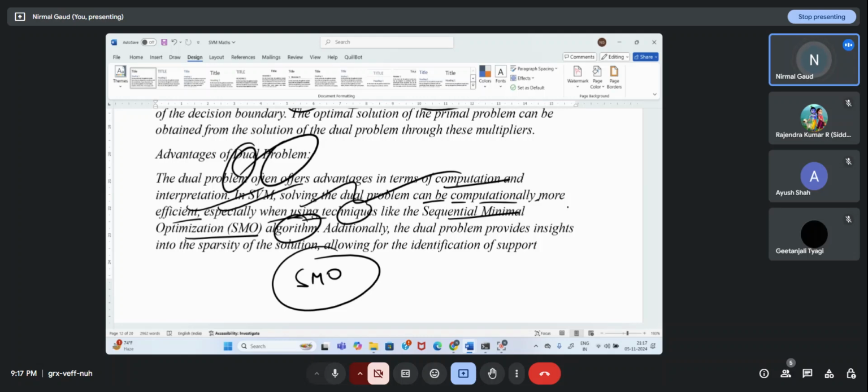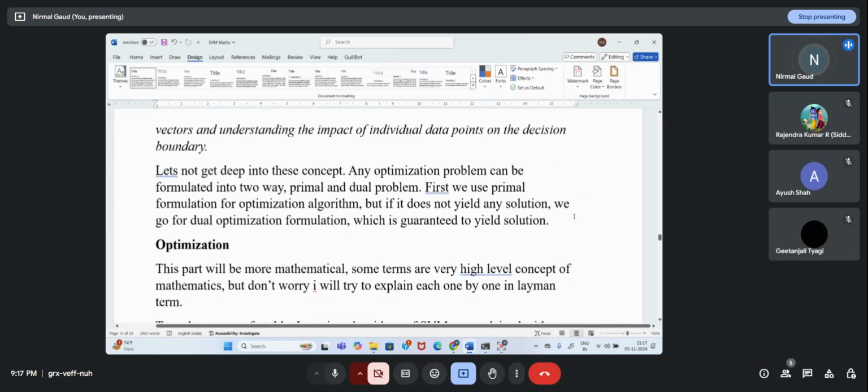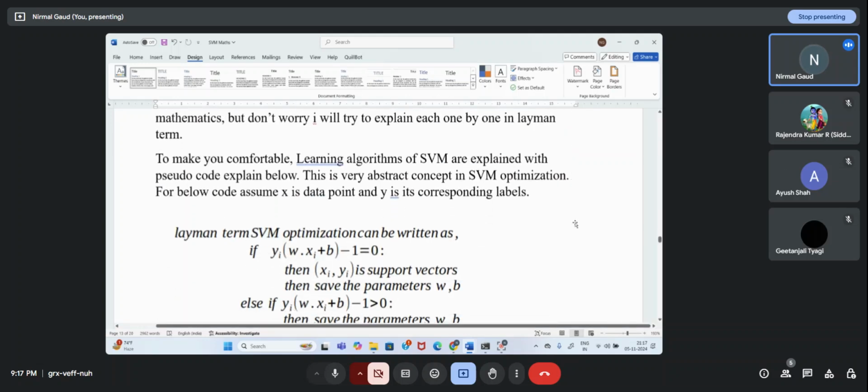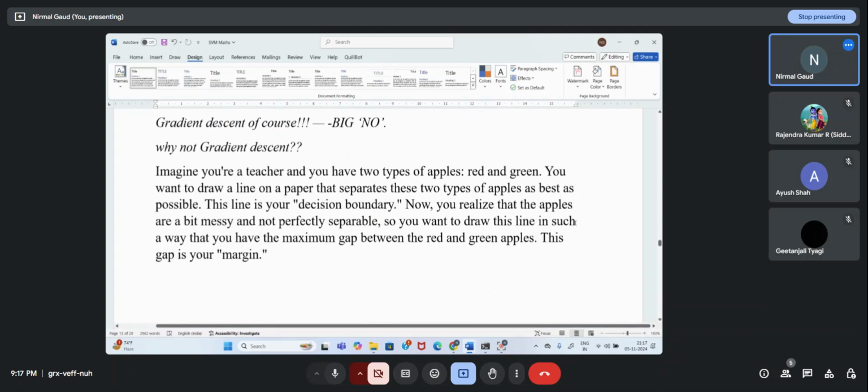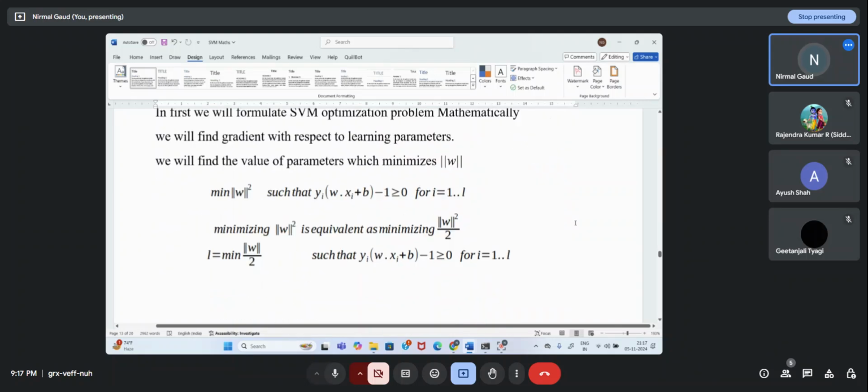When we are under a constraint, we do have many algorithms in consideration. Okay, so it's computationally efficient. The dual problem. Okay, so what we have to do ultimately?